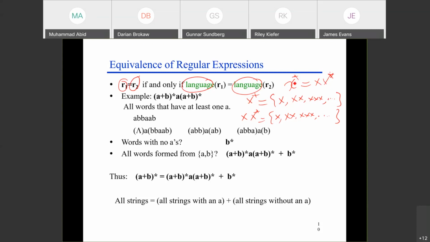First of all, how do we write the language of this regular expression? If I ask you what is the language of this regular expression, can anyone help me to fill this?